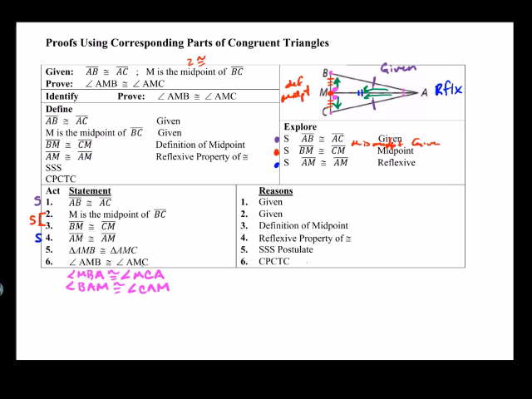Now look at your triangle congruence statement. All of these things that we have written here that follow CPCTC follow the order of our congruence statement. Our first angle, we started with AMB and went AMC, so that matched up nicely.